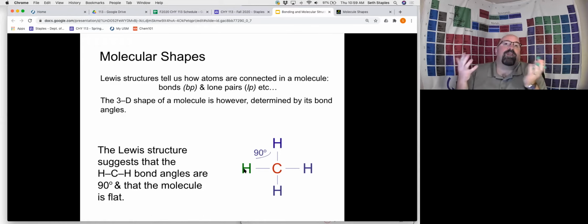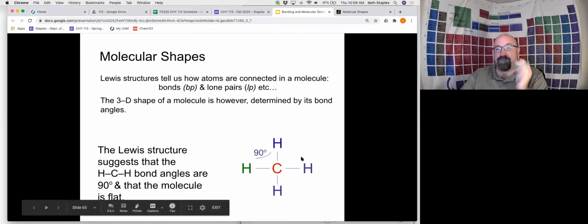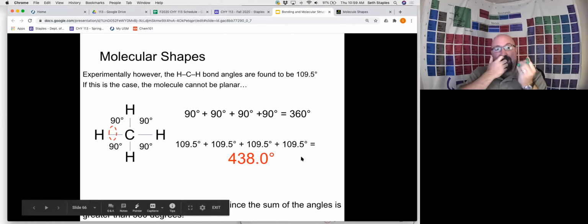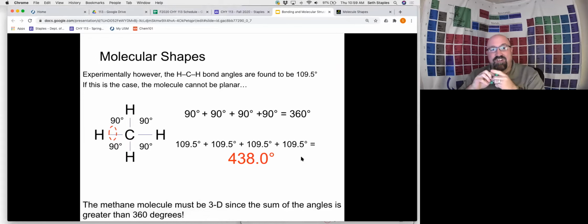Right? That's the way it's drawn, that's what it looks like. However, experimental evidence tells us that that bond angle is actually 109.5 degrees. We're not going to worry for this class about how that's found, but just trust me that experimentally we have determined that that angle is actually 109.5.